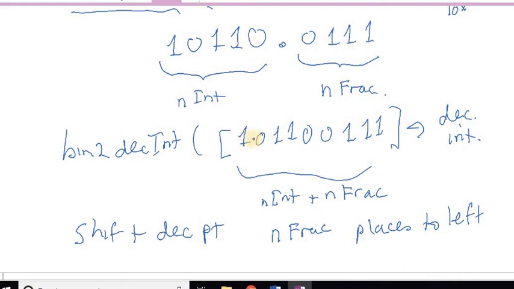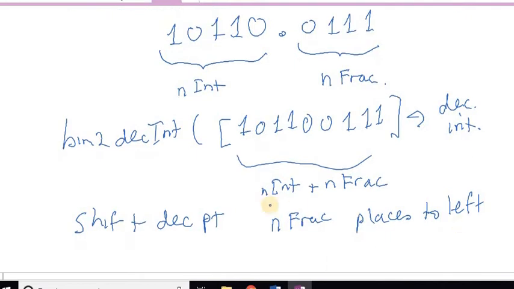And you have to think the integer number is bigger. Why? Because the decimal point is farther over here. Every time, just think about it, when you shift a decimal point with decimal numbers to the left, you're dividing by 10. So if I'm shifting the decimal point nfrac places to the left, that's the same thing as dividing by 2 to the nfrac.